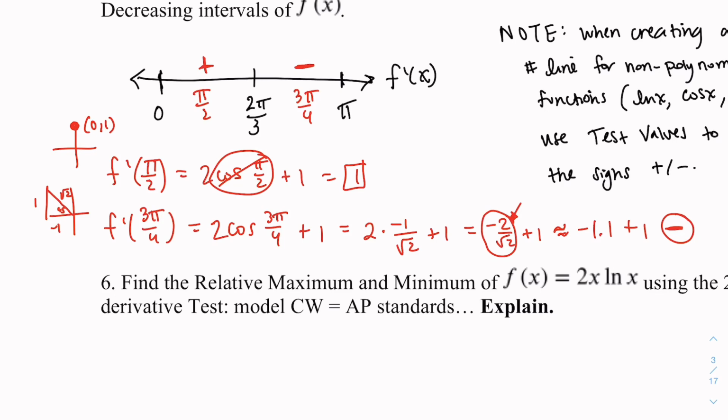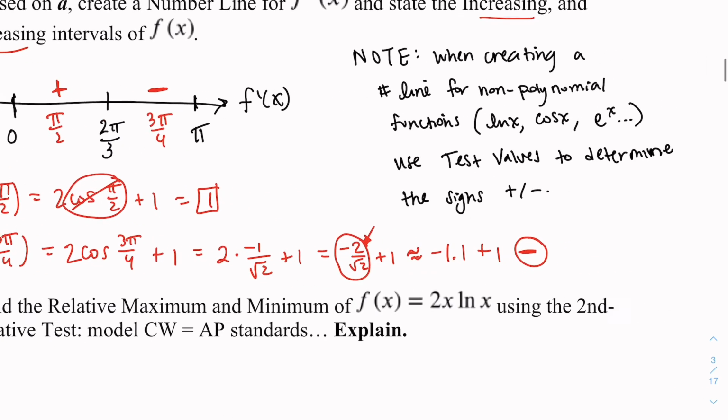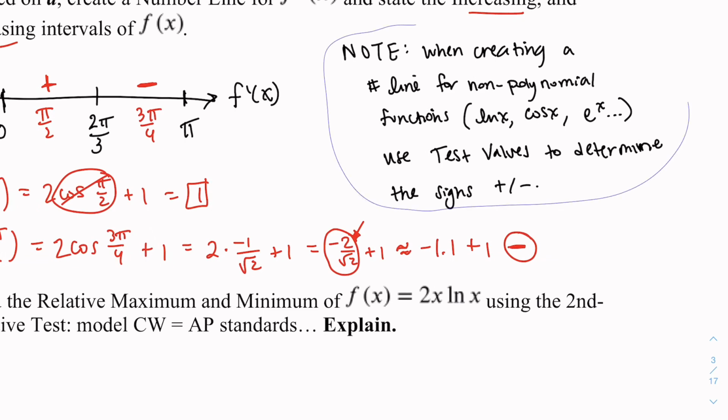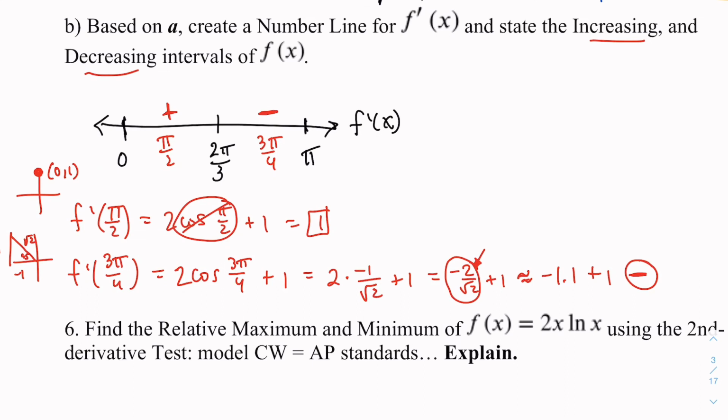So now let's answer the question. It said determine the increasing and decreasing intervals of f of x. Okay, I'm going to erase this note so we can fit in our answer. So using our number line and our test values, we could see that f of x is increasing where f prime was positive, so from 0 till 2 pi over 3.